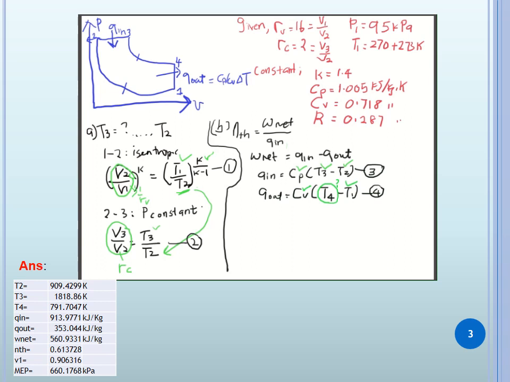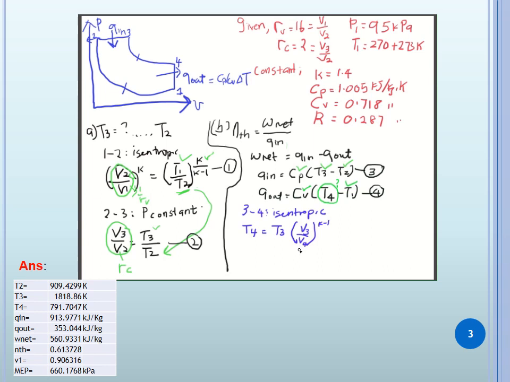How to find out T4 is we know that from 3 to 4 is isentropic. So we use the isentropic formula where T4 is T3 times V3 over V4 to the power K minus 1.